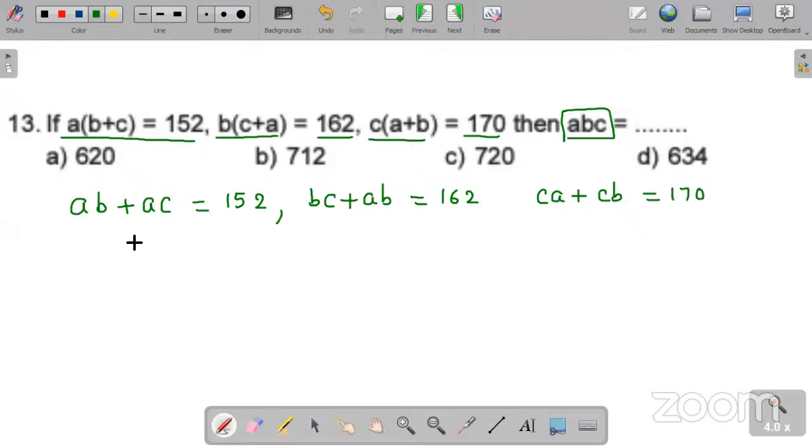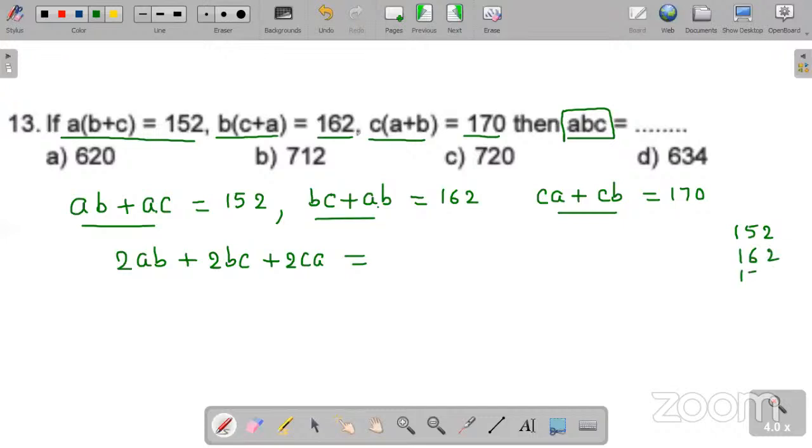Right? Add this one, this one, this one. AB plus AB, you will get 2AB. BC plus BC, 2BC. CA plus CA, or AC, both are the same, 2CA. Equal to 152 plus 162 plus 170, which is 484.